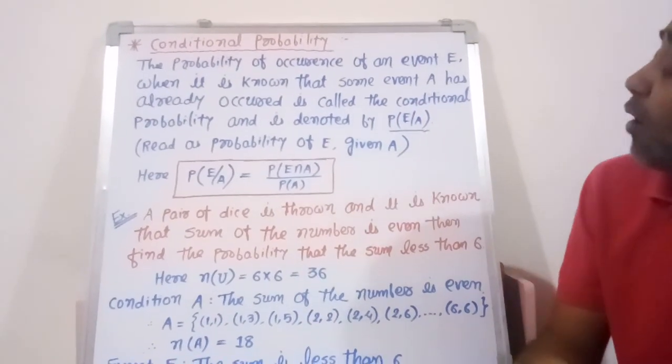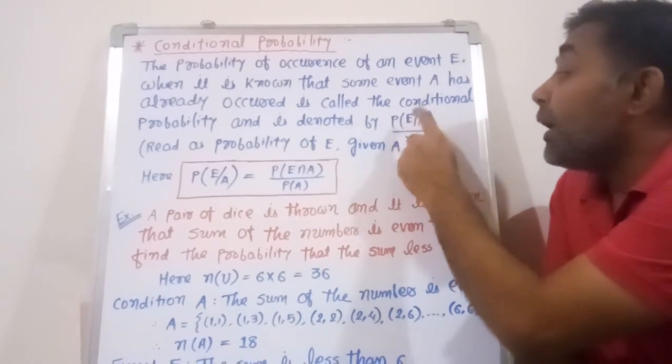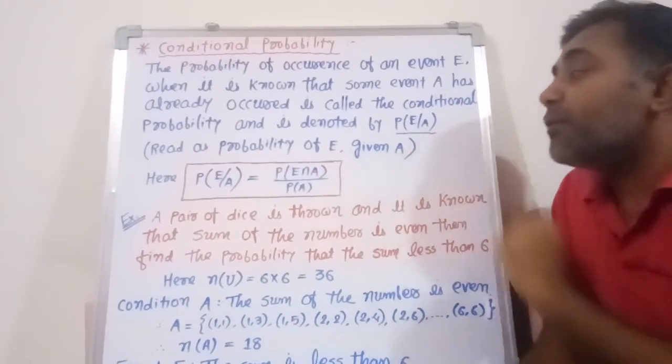It means we have to find the probability of event E where A is the condition.